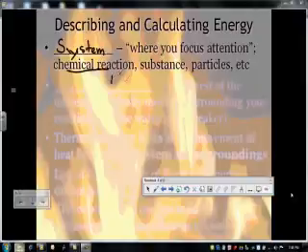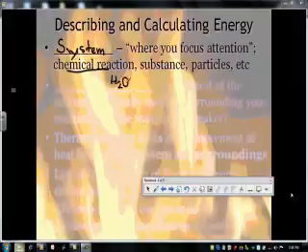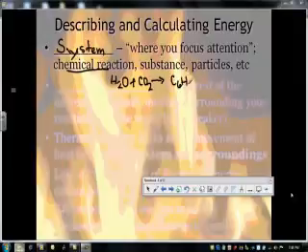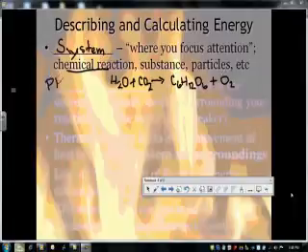So if we're looking at, say, H2O and CO2, and then photosynthesis, then we know we're going to make glucose and oxygen. Does that look familiar to you? I sure hope so. We're going to need one more thing to make this work. This reaction is photosynthesis.